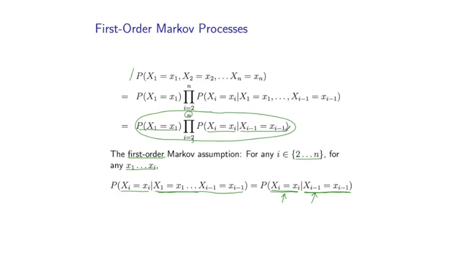Okay, so this is clearly a huge assumption. I'm just assuming that each random variable depends only on the previous value. But it's going to be very useful in that it considerably simplifies the model, and as we'll see, it considerably simplifies the number of parameters in our underlying model.